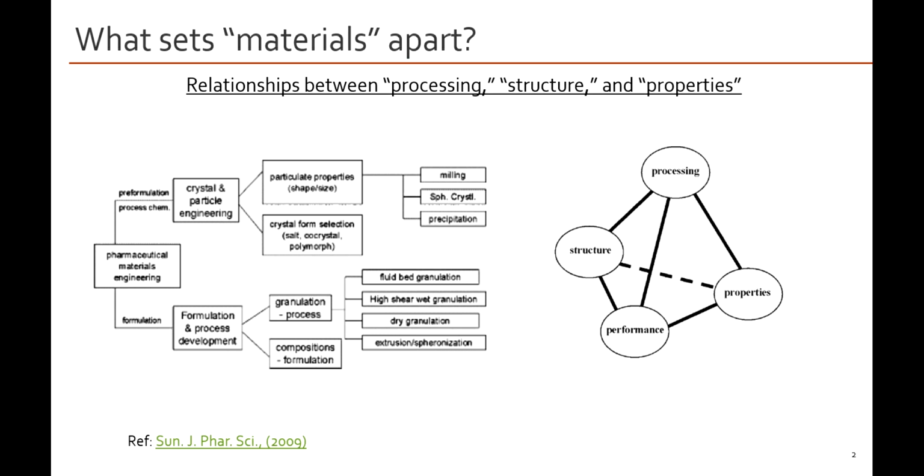And what particularly separates materials, in my view, is the need to understand how the larger scale structures of a solid or a liquid influence its overall properties, and also how one processes the material to achieve that structure, which is commonly viewed with this so-called materials tetrahedron, which also includes the performance, which defines how the property and structure dictate how this material will actually function for an application.